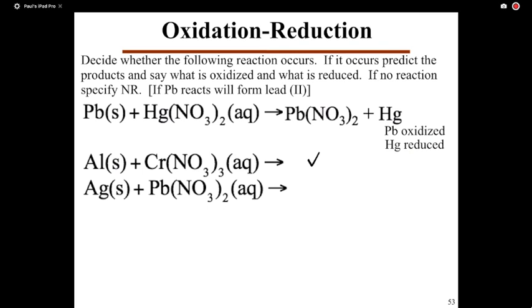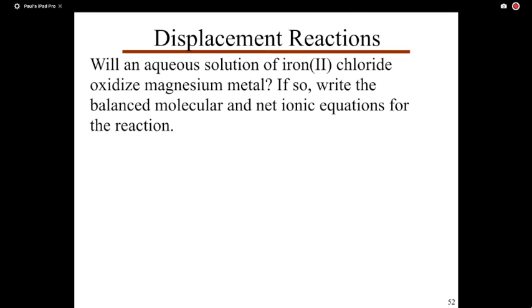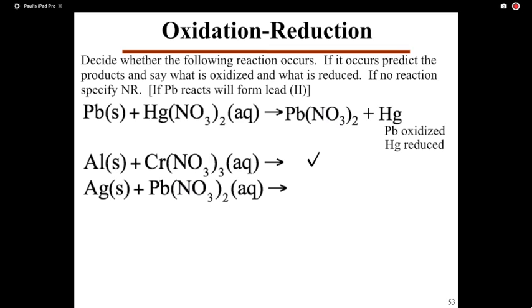Lead and silver. Lead 2 plus and silver. Okay, I'm going to go forward. Actually has no reaction, because lead 2 plus being right here and silver being right there, no reaction occurs. Stop. So we would write no reaction for that one.